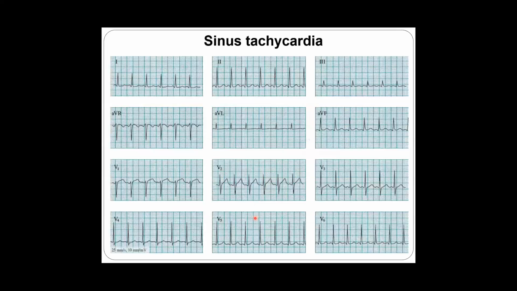Okay, very similarly, as you see here, we see P waves, it's rhythmic, and we see P in front of the QRSs, but the rate is around 120 or so.